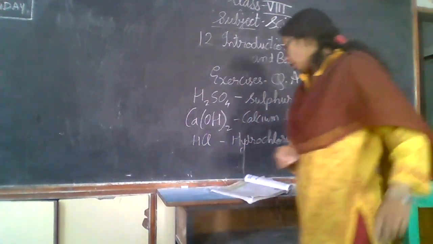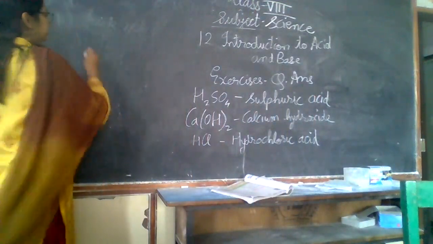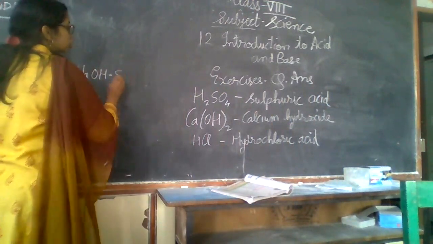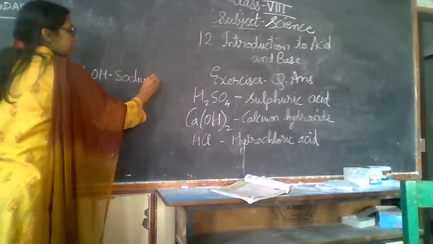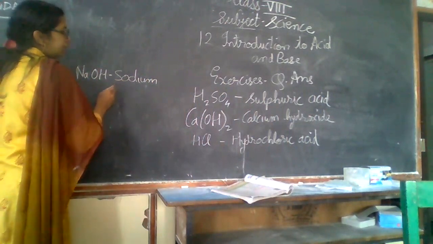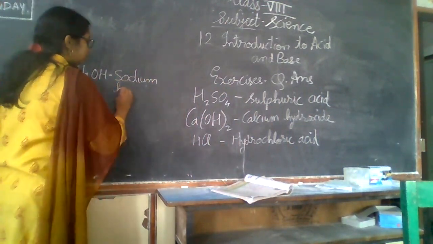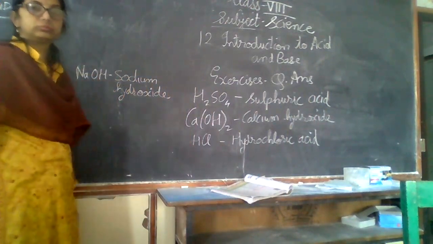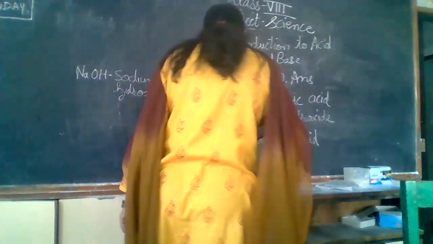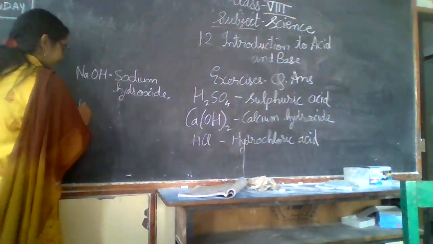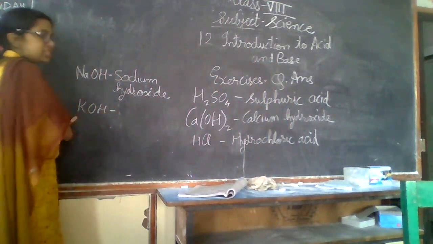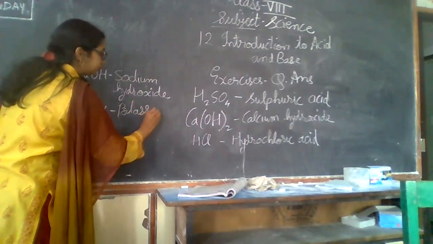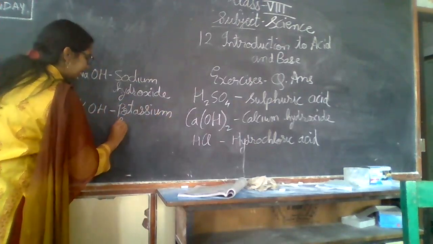Next is NaOH. NaOH is sodium. Na and OH is the hydroxyl group. So sodium hydroxide. Further you have KOH. K is for potassium. So potassium hydroxide.